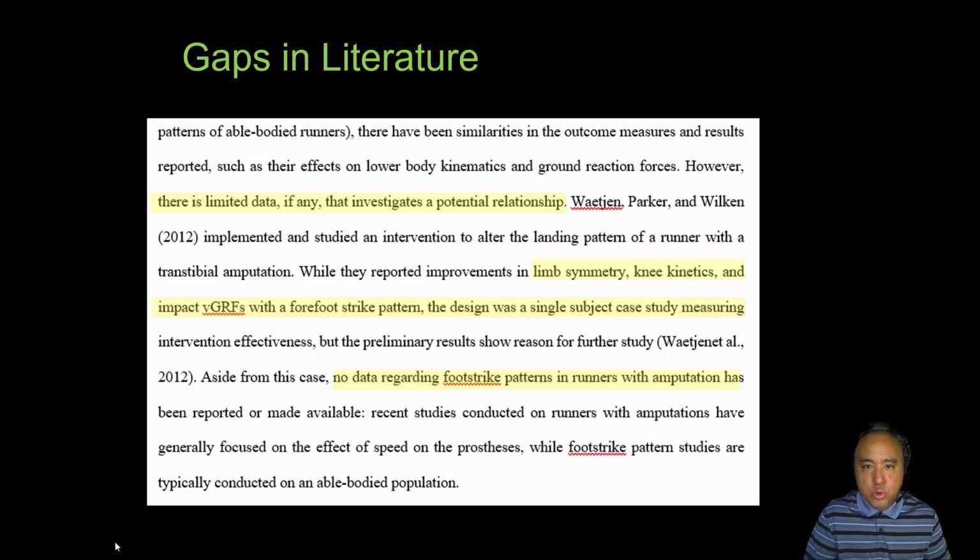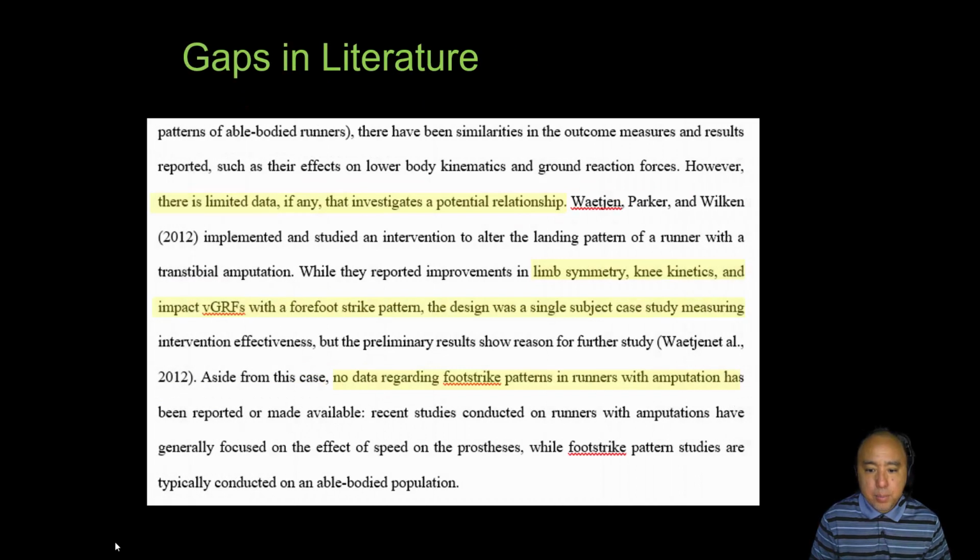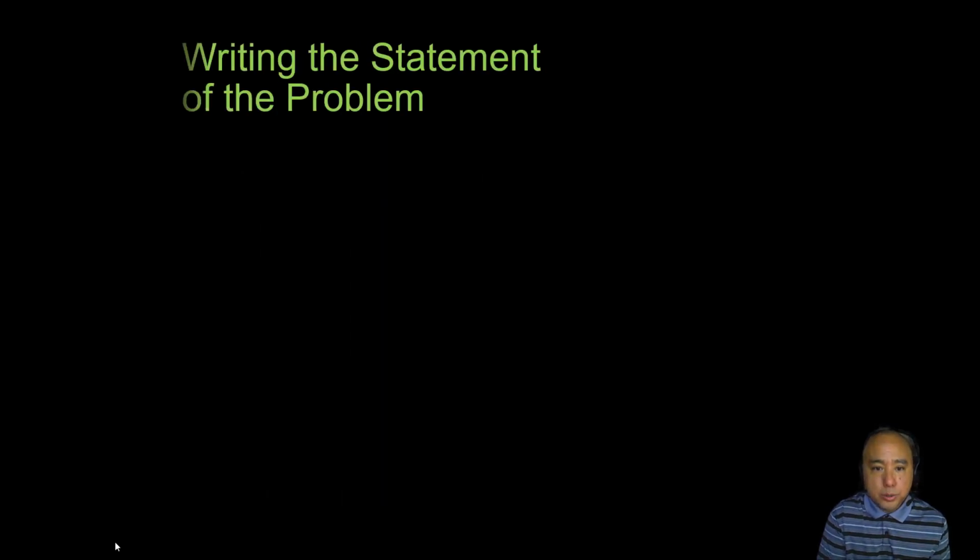So no one has actually drawn a sample from this population and looked at it in a broader sense, so they can run a statistical analysis. Aside from that case study, she says that no data regarding foot strike patterns in runners with amputation has been reported or made available. Automatically, she's making another case on why she should do her study based on the research questions that remain in the current literature.